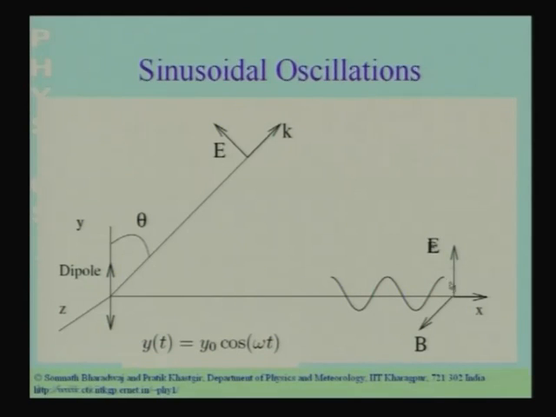The electric field is only along the y axis and it has a sinusoidal pattern like this. As time increases, this whole thing will move forward, it will behave like a sinusoidal plane wave. So, this oscillating dipole produces a sinusoidal plane wave at a large distance from the dipole.